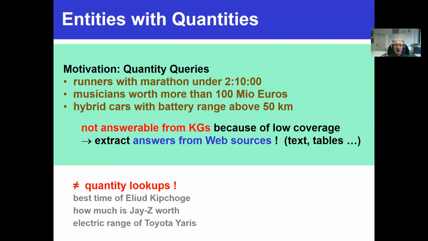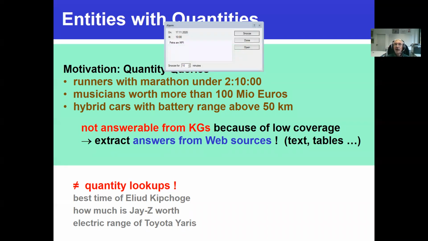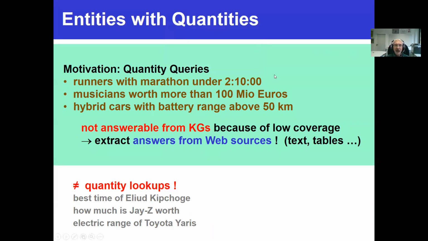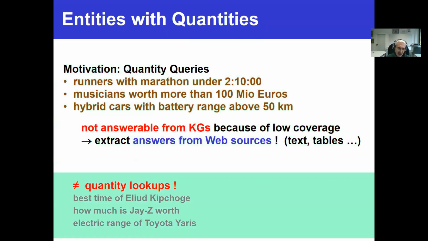Runners with a marathon under 2 hours, 10 minutes; musicians worth more than 100 million euros; hybrid cars with battery range above 50 kilometers. Again, they are not answerable from knowledge graphs because of the low coverage. So we need to extract answers from web sources. Note that these queries are different from quantity lookups like these, where an entity is given and we just need to look up the quantity.